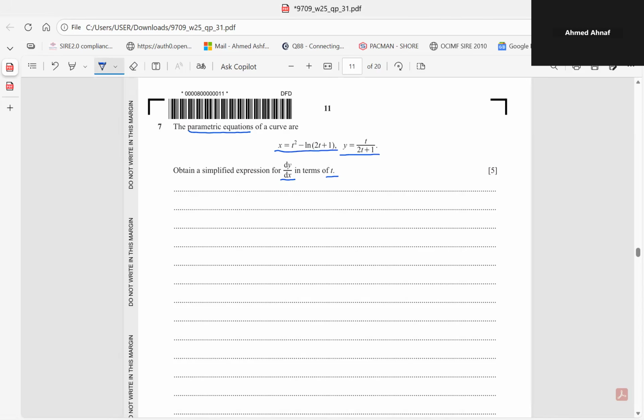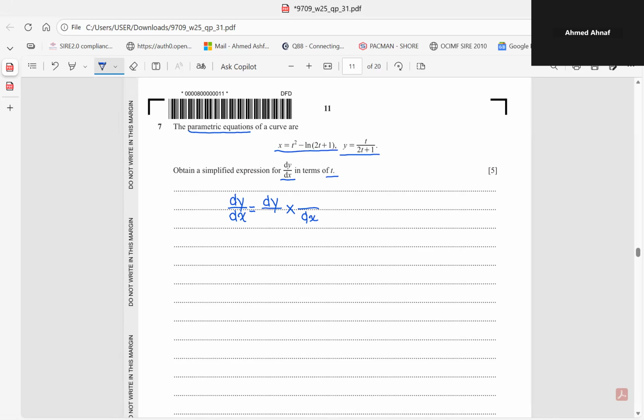Okay, so to do this, we first need to know the formula. So to get dy/dx in terms of t, we need to use the chain rule. So to form the formula, we first fill the numerators dy for the first one and then multiply by the second fraction where the denominator would be dx.